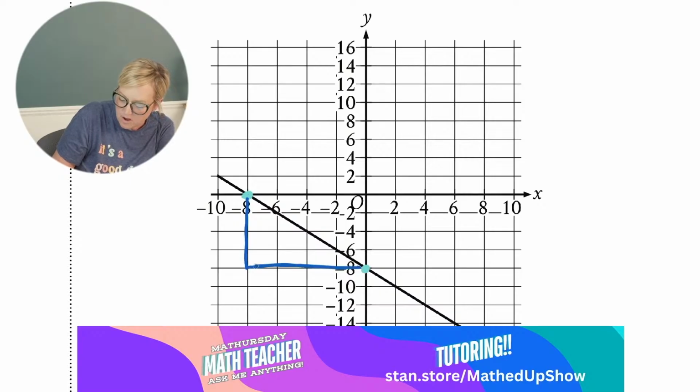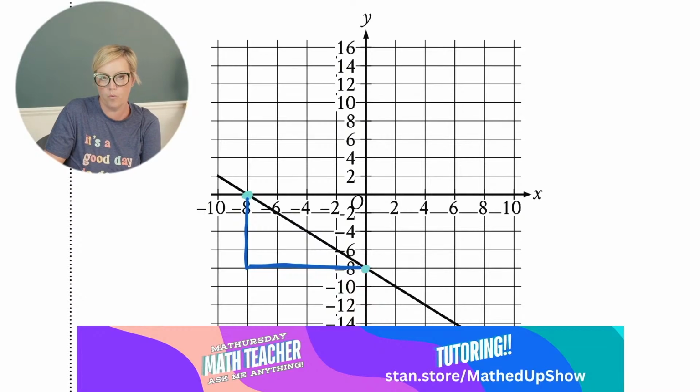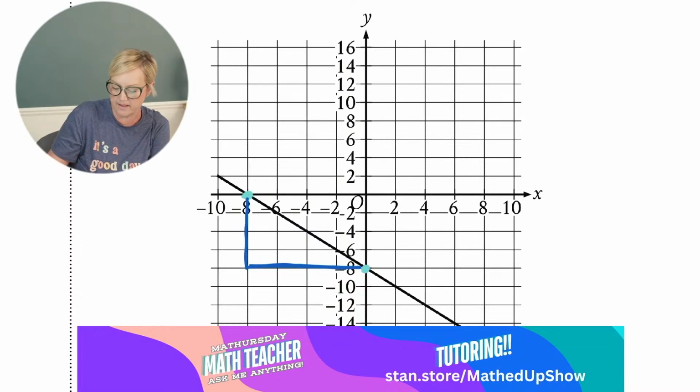For my slope, I need to pay attention to what each of these boxes is worth, what the scale is, because they're rectangles, but they are actually squares. So going from 0 down to -8, the rise is -8, and from -8 to 0, the run is 8.